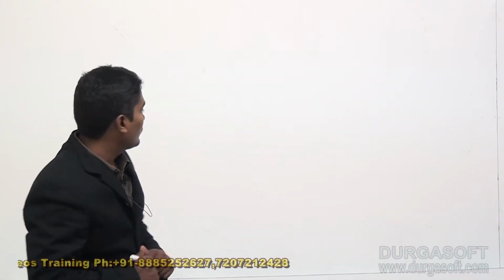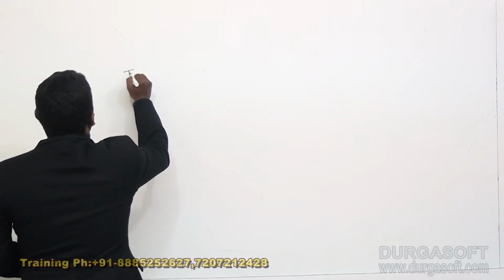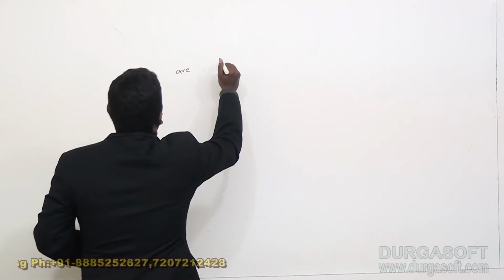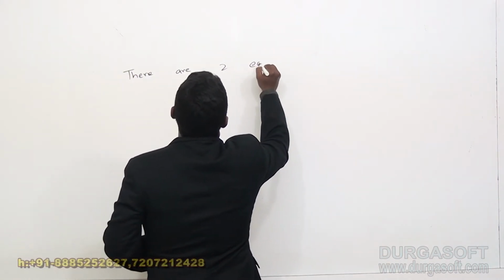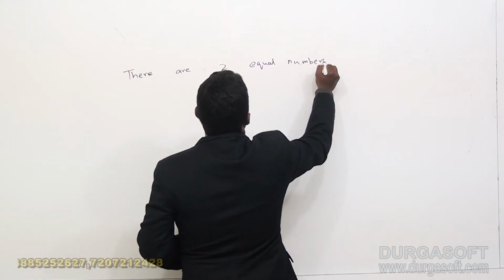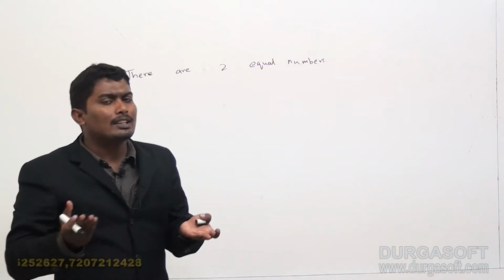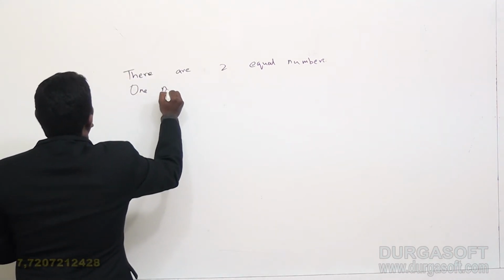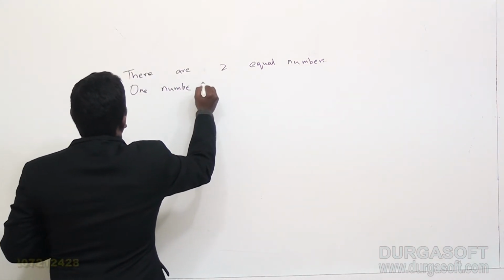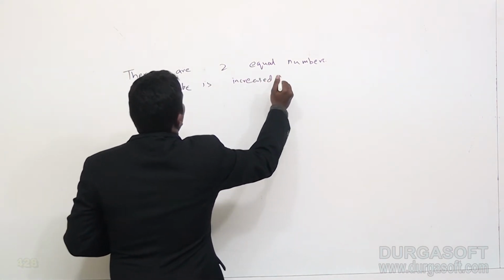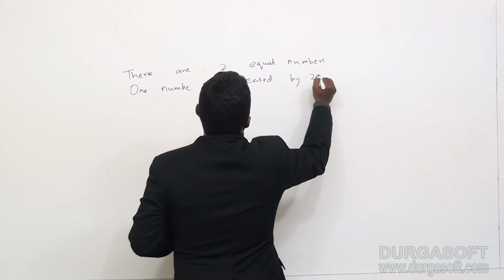Next question: there are two equal numbers. So there are two numbers that are equal, which means both are the same number. One number is increased by 20%.